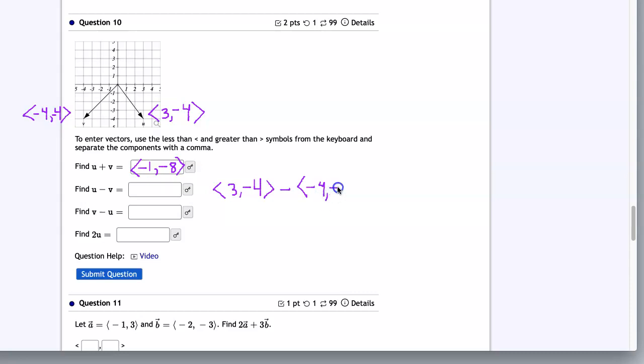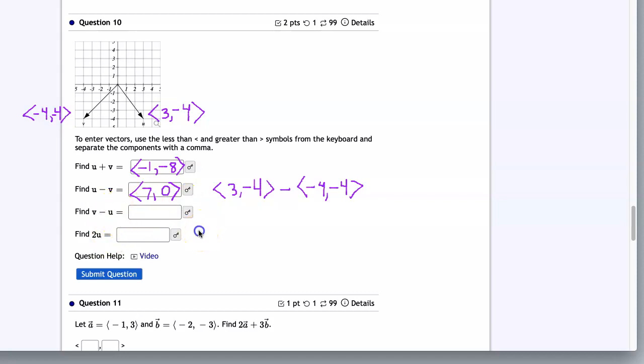You'll like these problems. They're really nice on the brain. Okay, 3 minus negative 4 is 7. And then negative 4 minus negative 4 is 0. And then we get to go the opposite direction, v minus u. I'll let you do that. Just switch around these to the opposite direction.